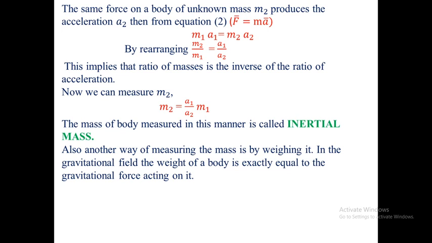This means if you have to measure the mass of any object, that object is studied under the gravitational force, which is nothing but the weight of that object. How? Let's see.